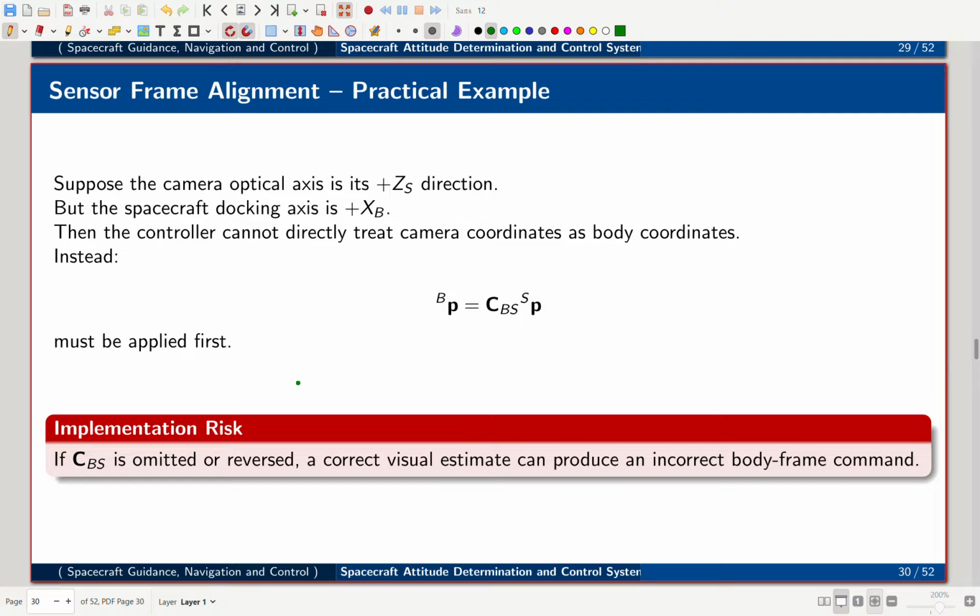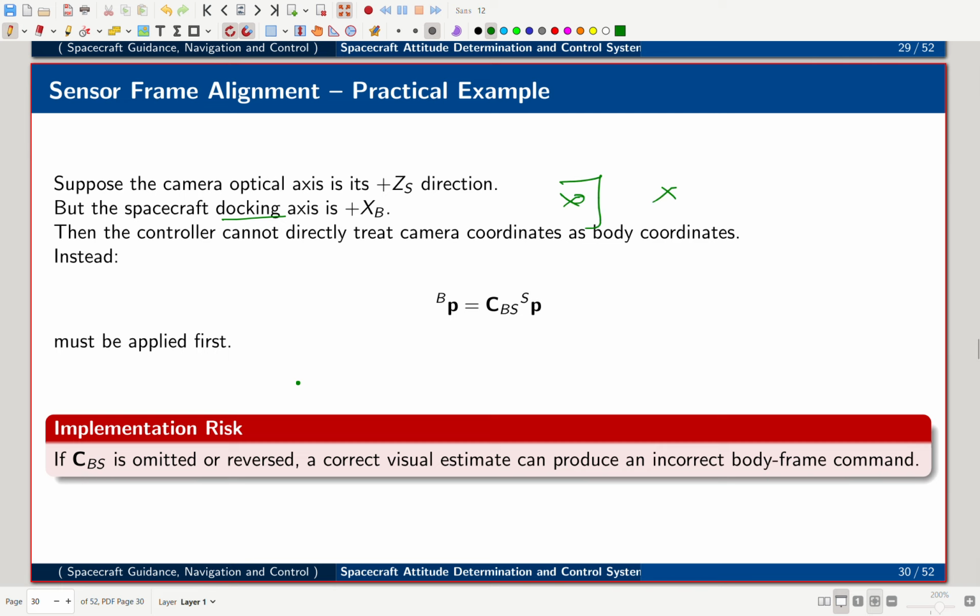So suppose sensor frame alignment, a practical related example, try to understand. Suppose your camera optical axis is on the z axis, but the spacecraft docking axis is x_p. Then a controller cannot directly treat camera coordinates as body coordinates. We don't need to explore docking much here.